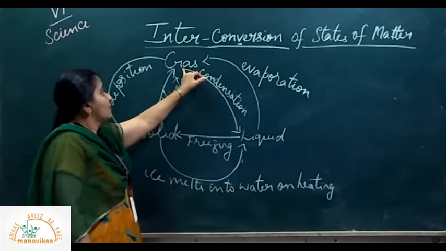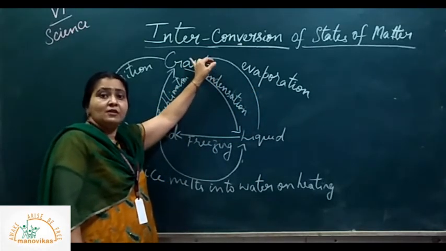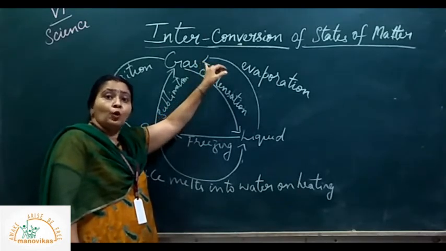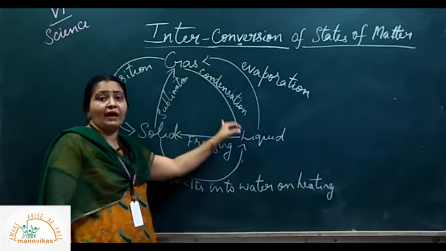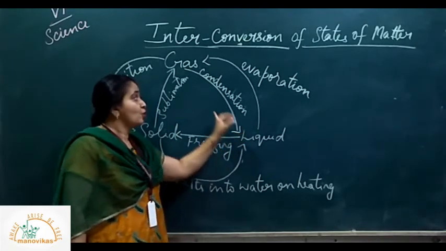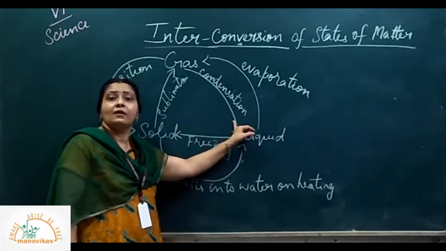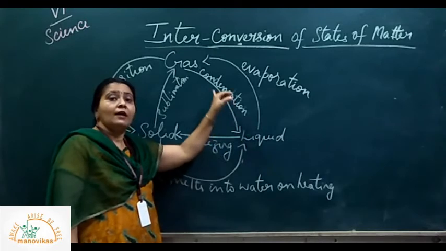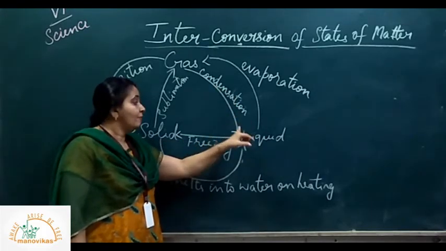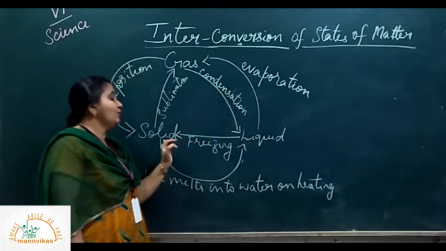Then we learned what condensation is. That is, the water vapor cools and comes back in the form of liquid. That process is known as condensation. Then we learned about liquid to solid.